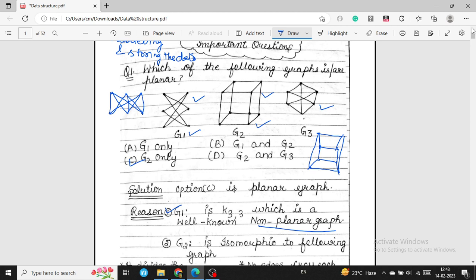Like this, you can see here no edges cross each other. So that's why this is a planar graph. In a planar graph, you should keep in mind no edges cross each other, but every edge connects with every vertex.